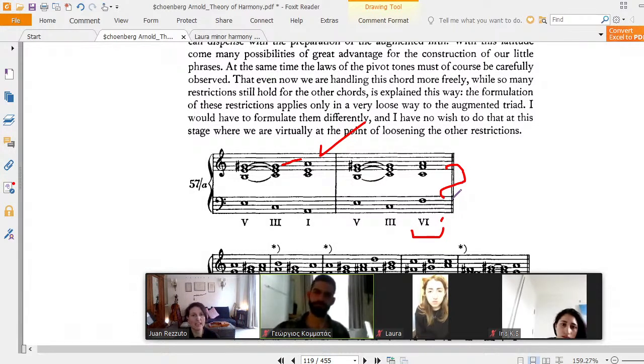So these voicings, at least. Something about the voices. I mean, this is okay.